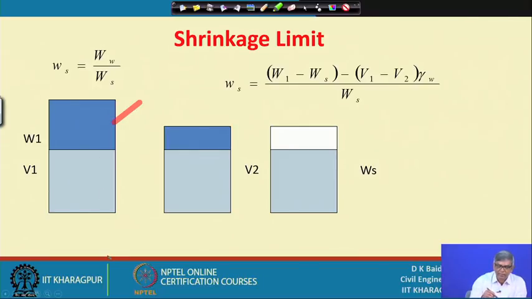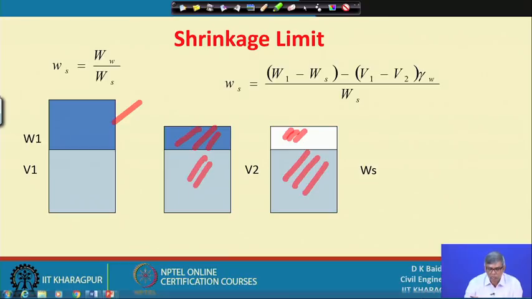After drying, at the shrinkage limit, this was the volume, this portion was water and this portion was solid. After drying, the volume will not change. So this becomes air, which does not have any weight, and this becomes solid. Ultimately, you have to find out the water content at this stage. What is the water content at this? That is the shrinkage limit.